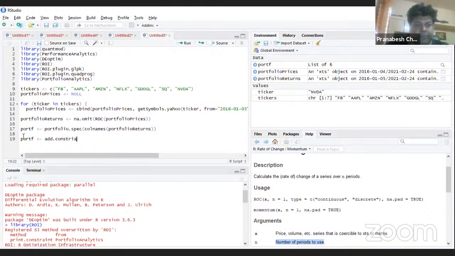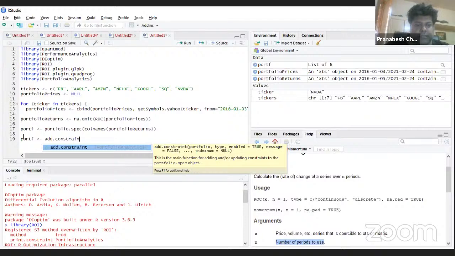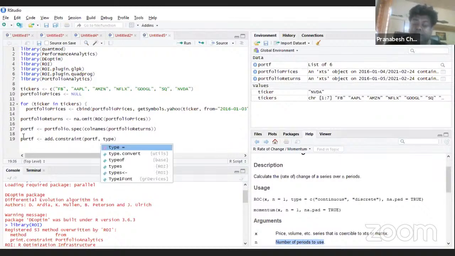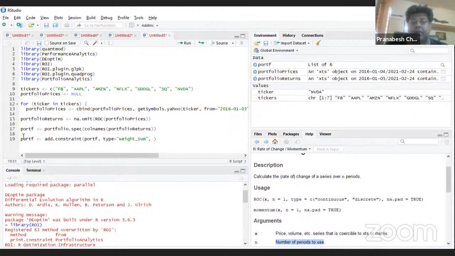You can see there is a function called constraint. What we will specify inside is port F, our portfolio specification, and then the type of constraint that I want to use, which in this case is weight_sum, right? Now I will explain what weight_sum means. Let me complete the sentence. min_sum equals 1 and max_sum equals 1.